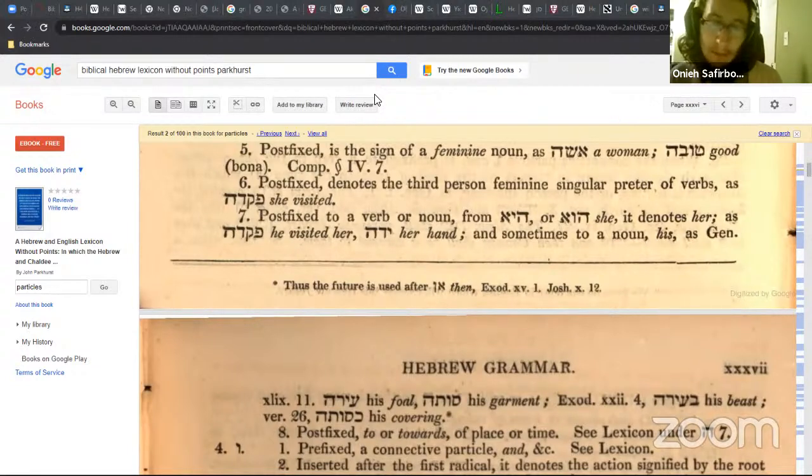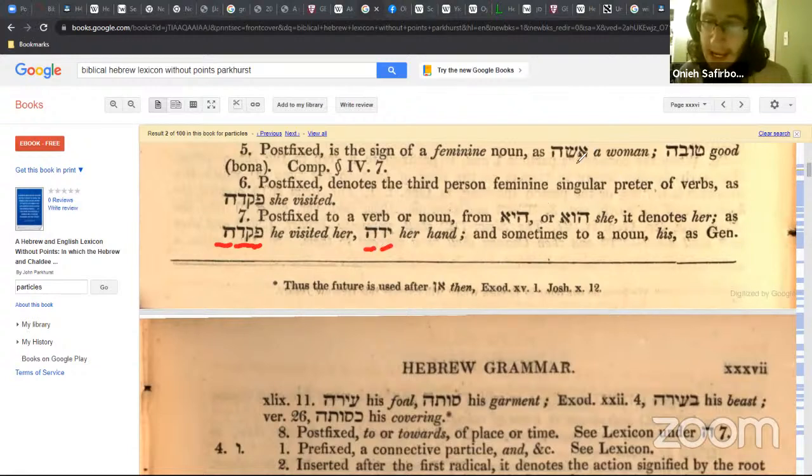When you have verbs, you can do aleph tav, but you can also do suffixes to the verbs. So, he visited her. And hand, her.